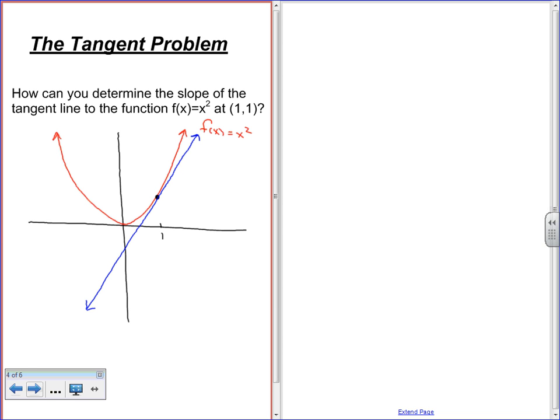So I want to figure out the slope of that blue line. What problem do I have in figuring out the slope of that blue line? Sure, you only have 1 point. Right, I only have 1 point. This point here is the point 1, and if I substitute 1 into the function, I get 1 squared, which is 1. So I only have 1 point. To figure out the slope of any line, I need 2 points. What do I do?